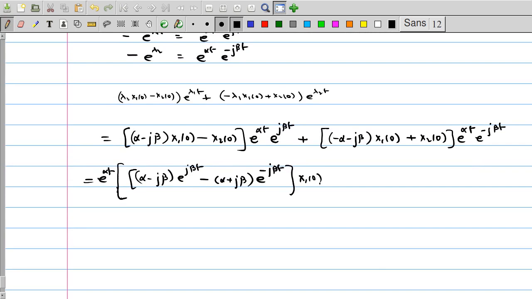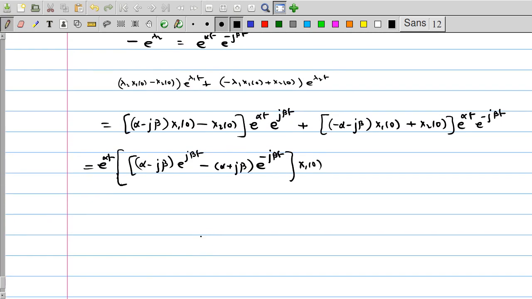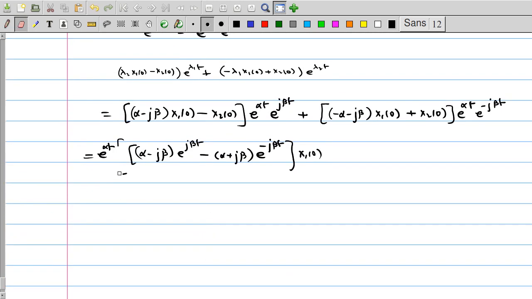And the x2 thing will be similar, but let's write it out. Where's x2? So x2, it's minus e to the power of j beta t, correct?